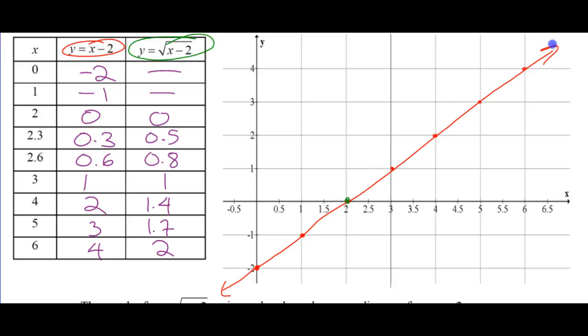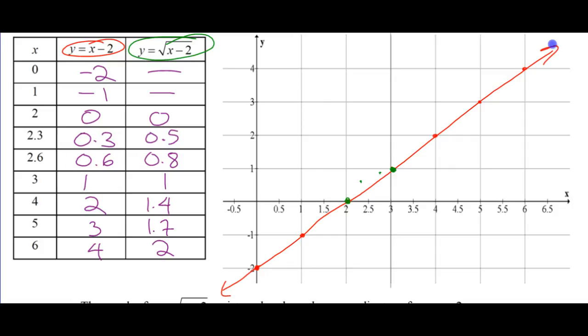So we'll start here. So 0, 0. So that's right on top, same point. At 2.3, so that's about here, we have 0.5. So we'll go up to about here. At 2.6, it's going to be a little bit past 2.5. We're going up to 0.8. At 3, well, we're back, same point.